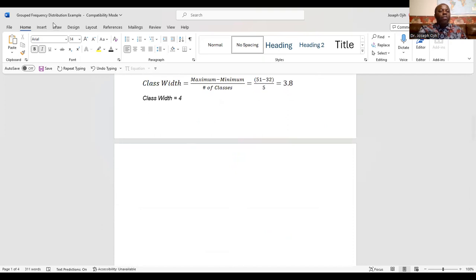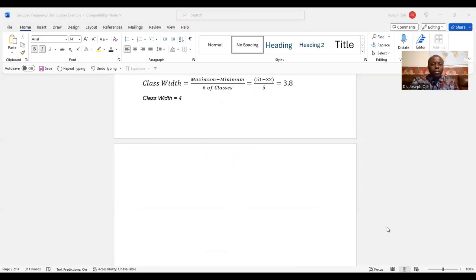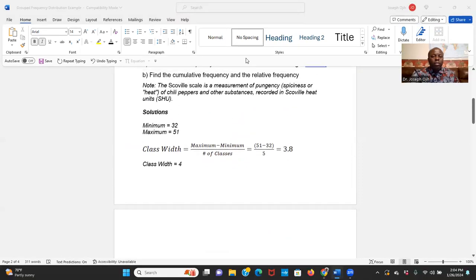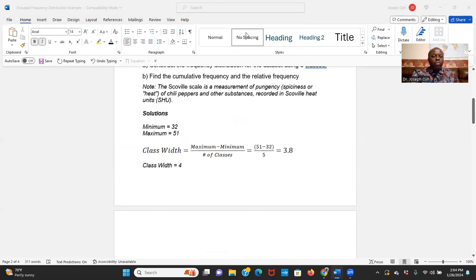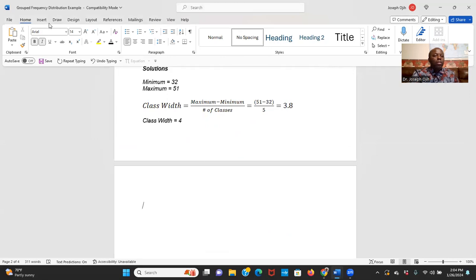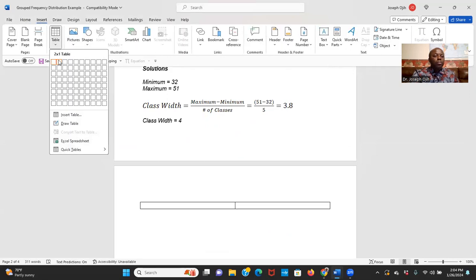So we're going to have 4 columns in our table. 1, 2, 3, 4.